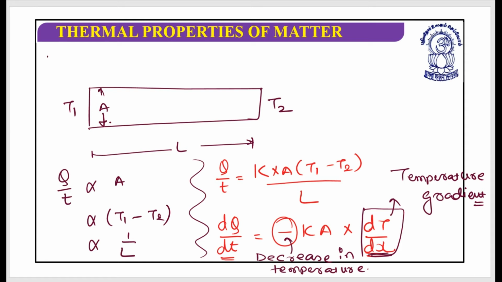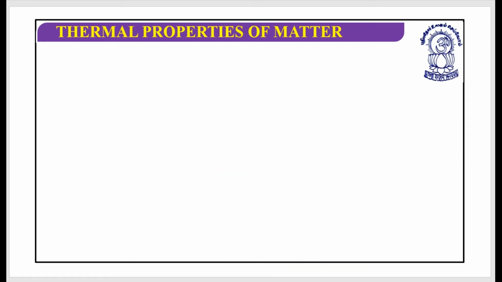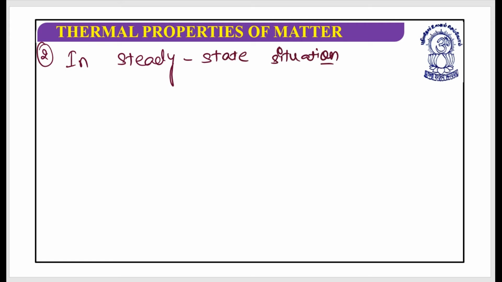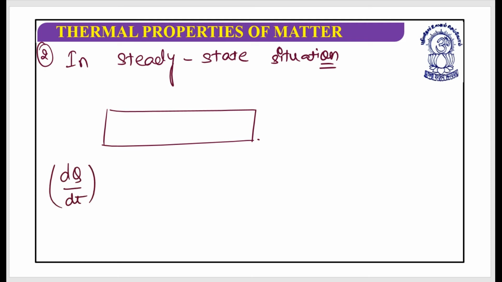Yes, so this is the first summary sheet, and on the second summary sheet they say that in a steady state situation I can have two things. First, dQ by dt of any segment will be equal to a constant.